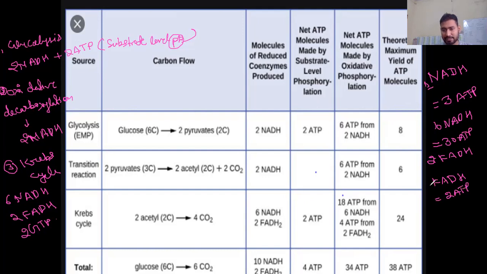So total 2 FADH molecules will produce 4 ATP.